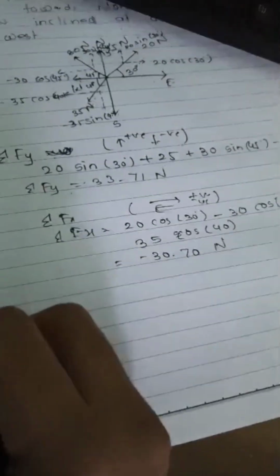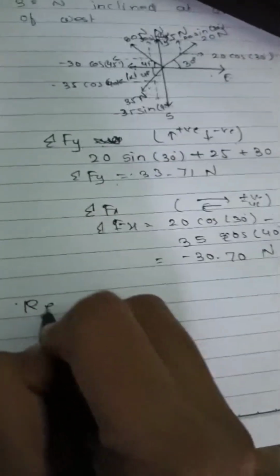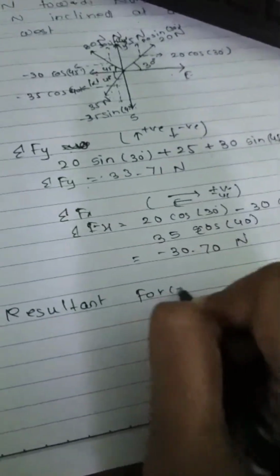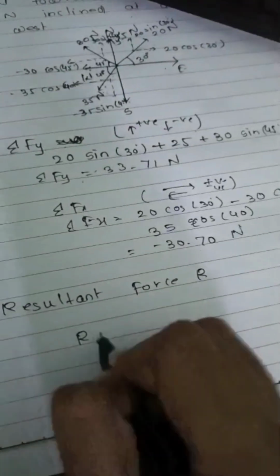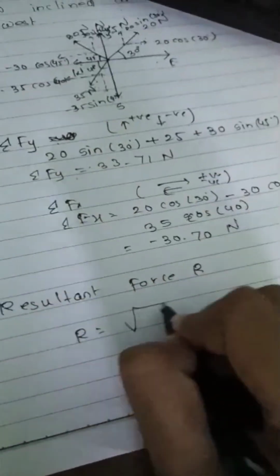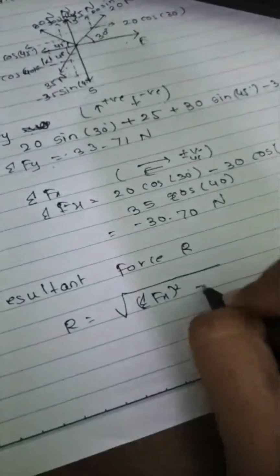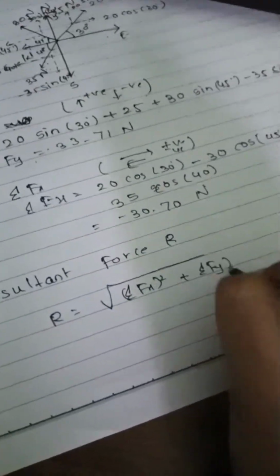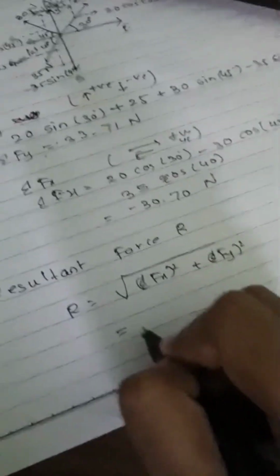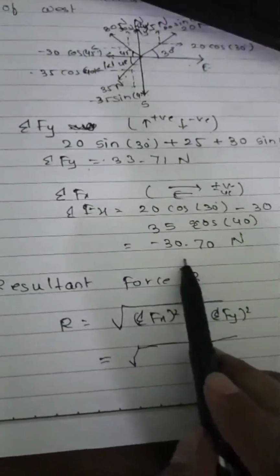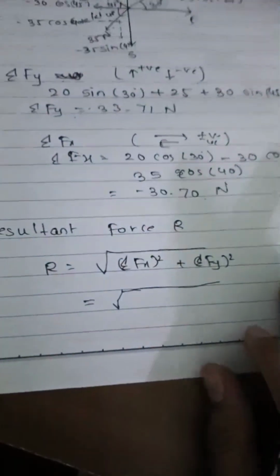Now finding the resultant force. R is given as R equal to under root summation Fx square plus summation Fy square, which is equal to under root of summation Fx is minus 30.70 Newton and Fy is 33.71 Newton.